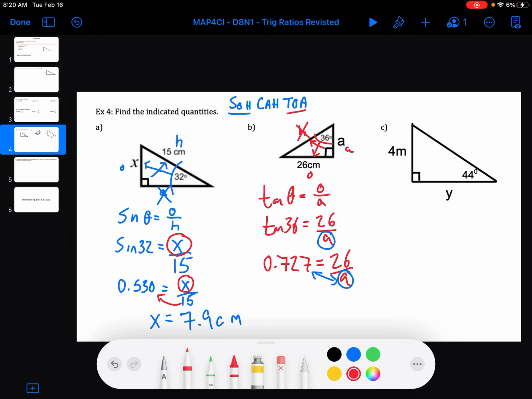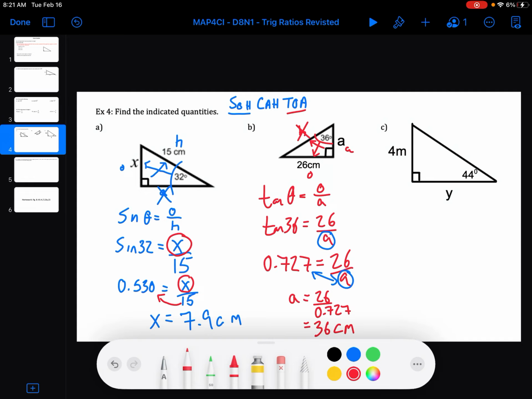So in this case, we're going to get A equals 26 divided by 0.727. Okay? If the variable's on the top, you multiply over. If it's on the bottom, you switch them. And here you're going to get 36 centimeters. I'll just leave it rounded to 36.